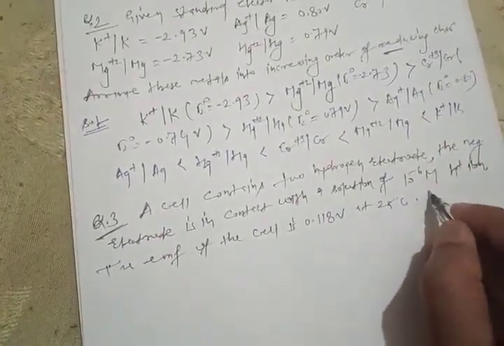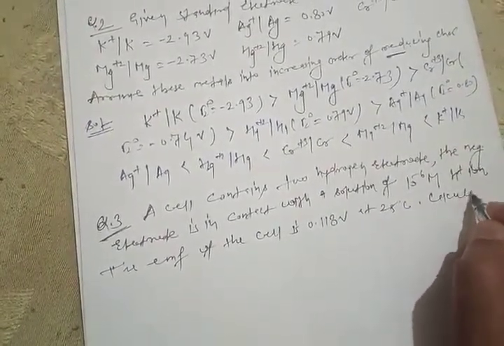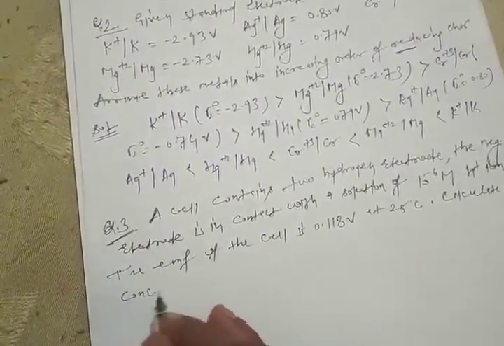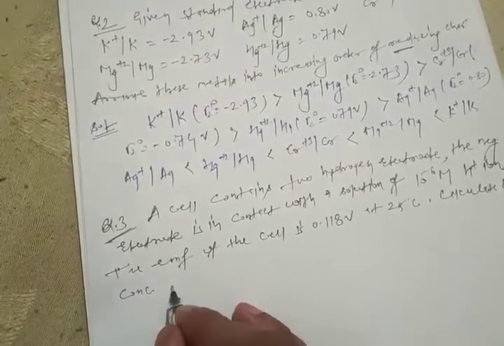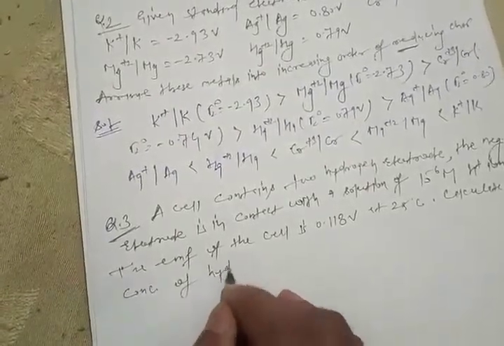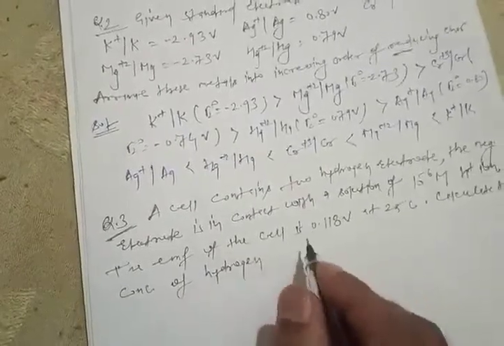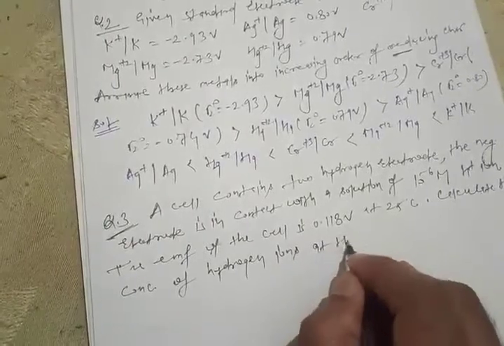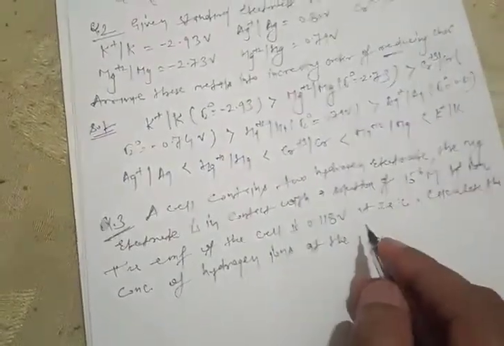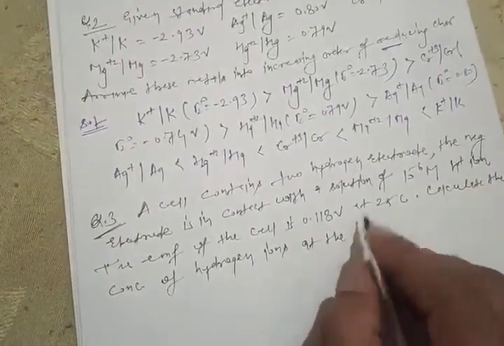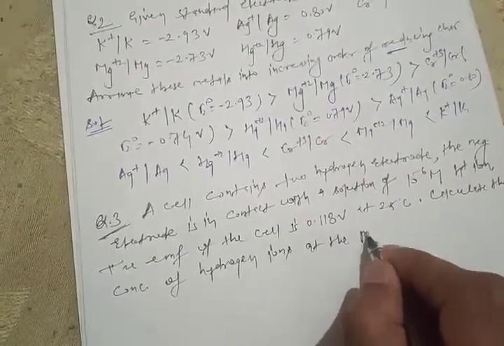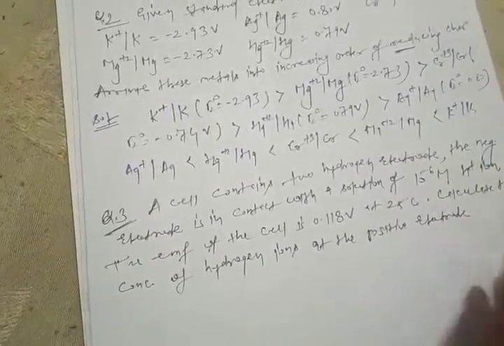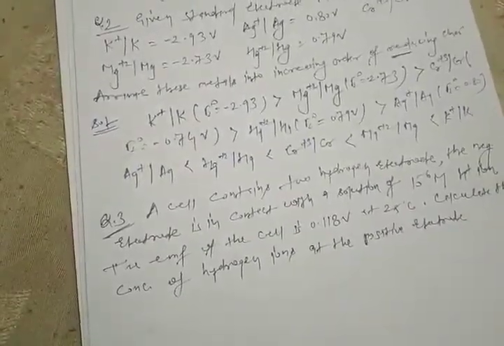Calculate the concentration of hydrogen ion at the positive electrode, which means the right hand side. So this is a question of the hydrogen electrode actually.